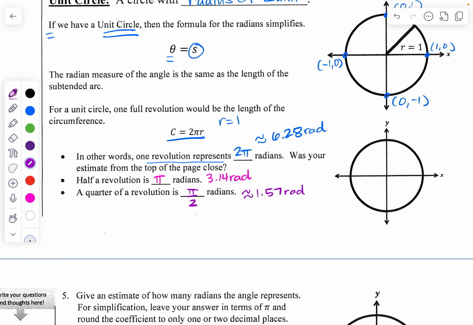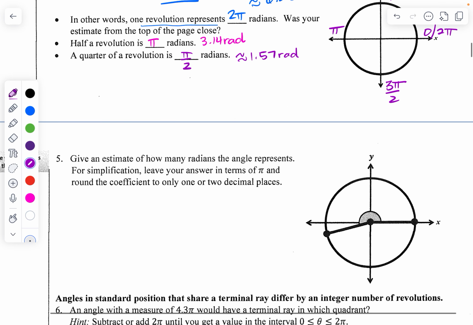So if I'm measuring the unit circle in radians instead of degrees, this is 0 radians. Here's pi over 2 radians. Here's pi radians. Here's 3 pi over 2. And then back at the full circle is 2 pi radians. So let's finish this up. We're going to estimate how many radians the angle represents.